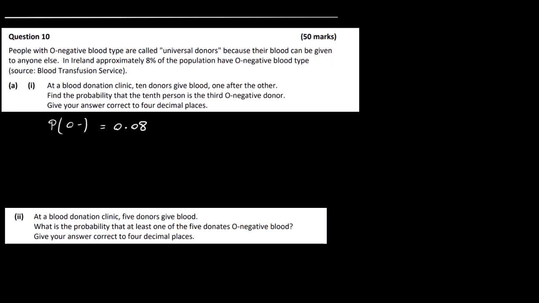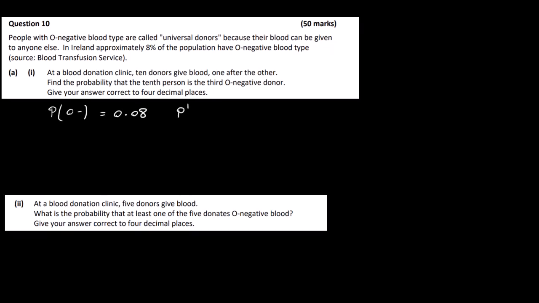So the probability of not being O negative is going to be 0.92. So we want to find the probability that the 10th person is O negative. So this is going to be our P, this is going to be our Q. So probability of success, probability of failure, if you like.